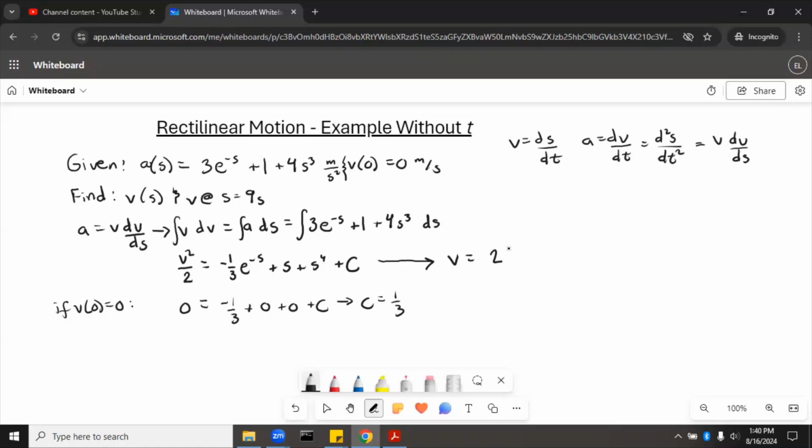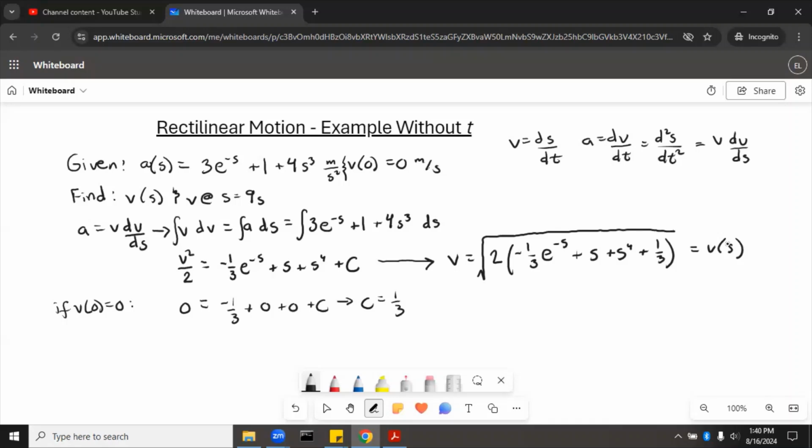We'll say the 2 times negative 1/3 e to the negative s, that's not a negative 5, that's an s, plus s to the 4 plus this 1/3 from the c, and then all that has to be square rooted because the v was squared. So this equals v of s.